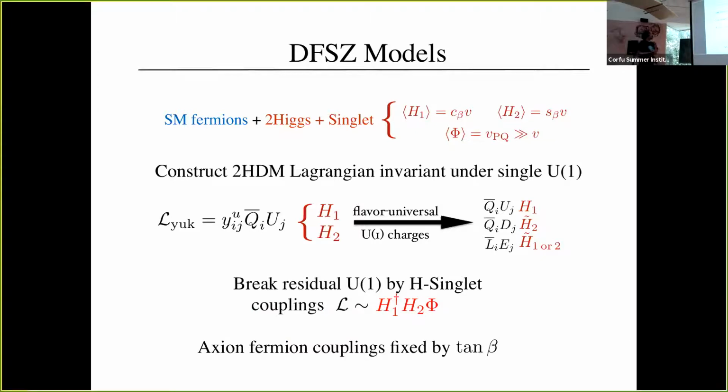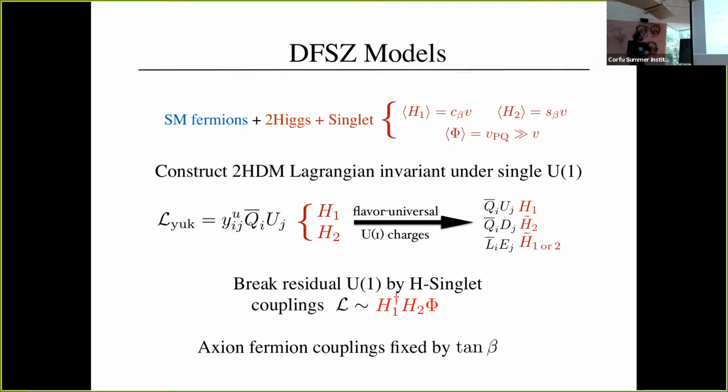Okay, so very briefly, DFSZ models, as I said before, have standard model fermions charged under PQ symmetry, two Higgs doublets, so one more than in the standard model, and a singlet with a VEV setting the Peccei-Quinn breaking scale. Then we can construct a two Higgs doublet model Lagrangian consistent with the charge assignments for the standard model fermions.